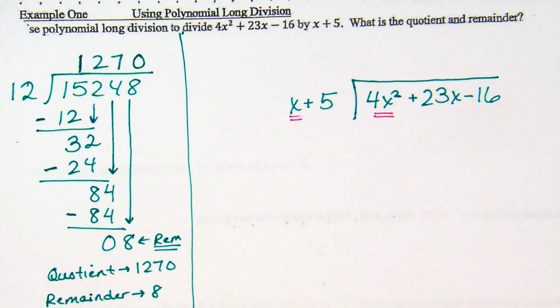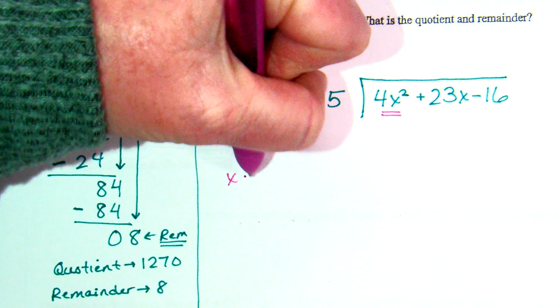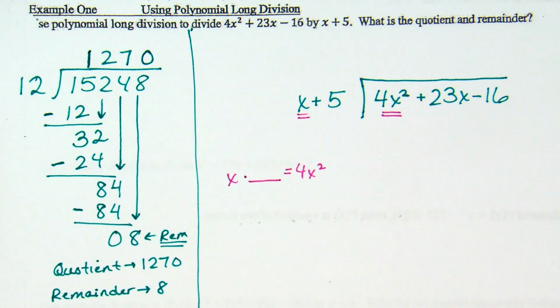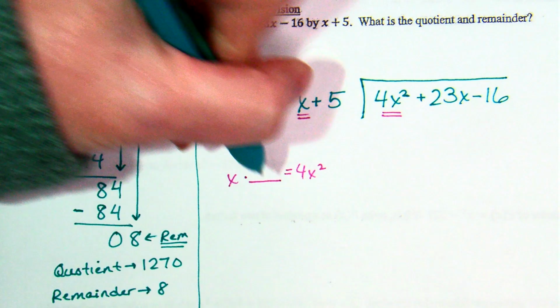Part of me wants to say, how many times does x go into 4x squared? But a better way for me to ask this is x times what is 4x squared? So this x times what is 4x squared? 4x.